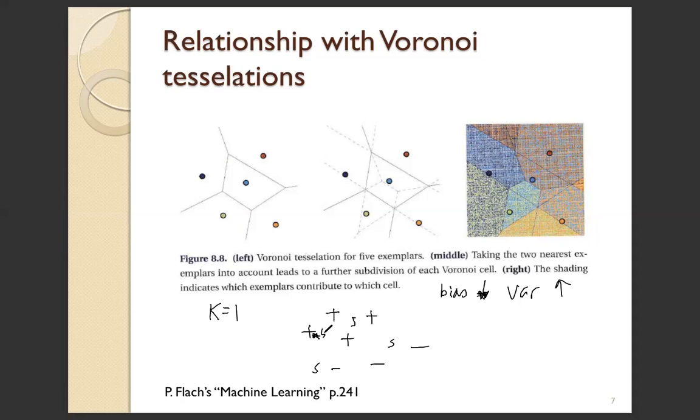An analogy of this would be, let's say you want to form an opinion about certain things. The way you do it is you just ask one person for their opinion, and then you just follow that person's opinion. That would be analogous to the k equals 1 situation.